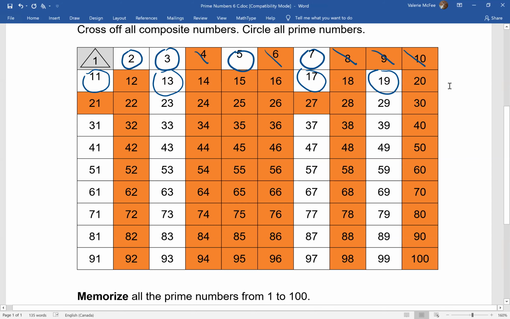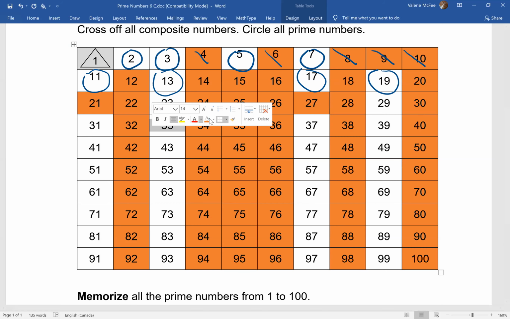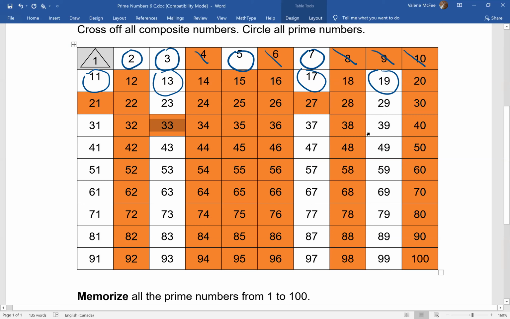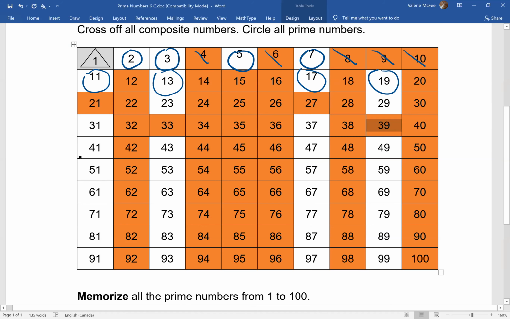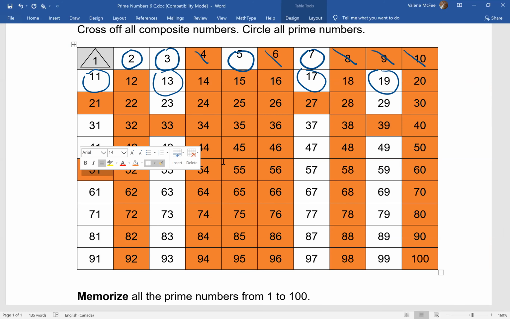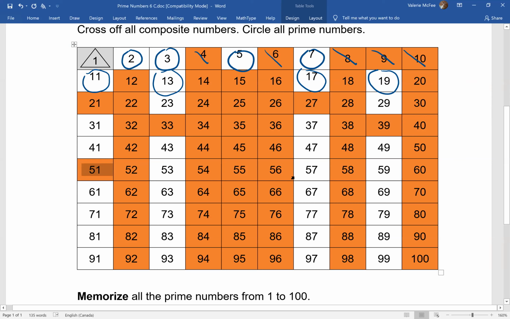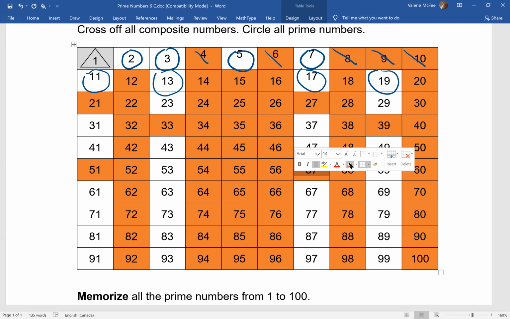Why don't you pause the video and see if you can cross off all of the other numbers divisible by 3 and therefore not prime. None of the numbers in the 40s that are left are divisible by 3, but 51, 5 plus 1 is 6, divisible by 3. 5 plus 7 is 12, divisible by 3.